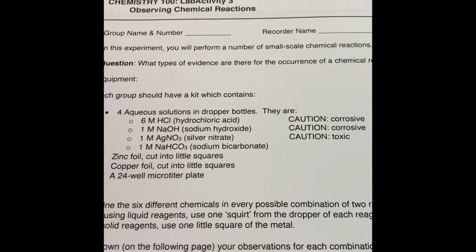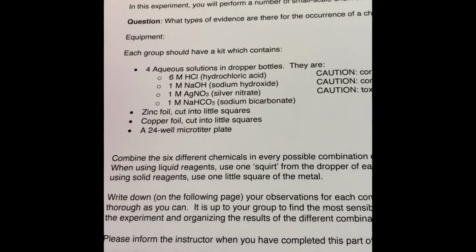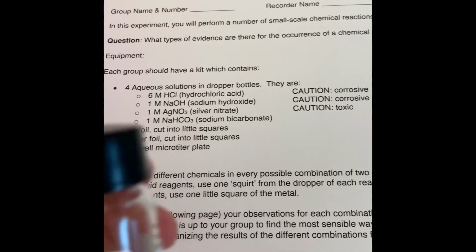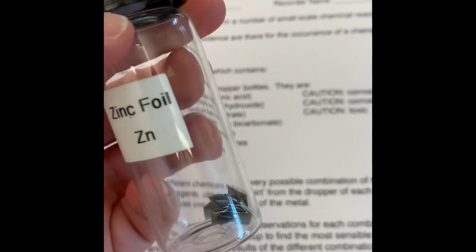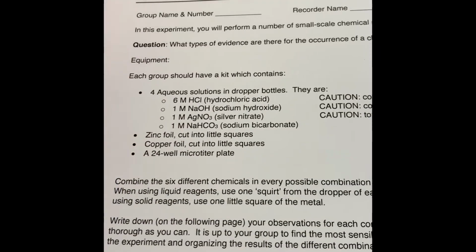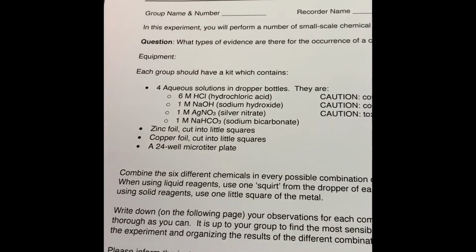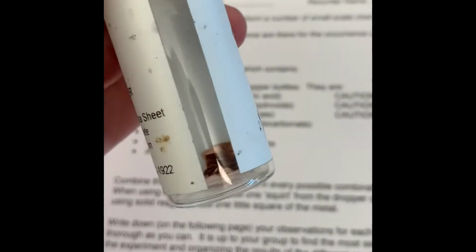Now, and finally, we have some zinc foil, just cut into little squares there. And we have some copper foil put into little squares there.